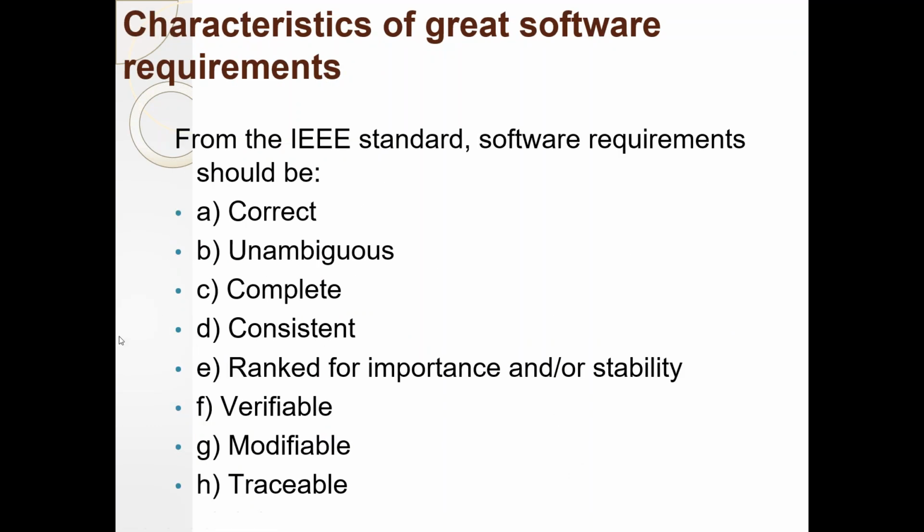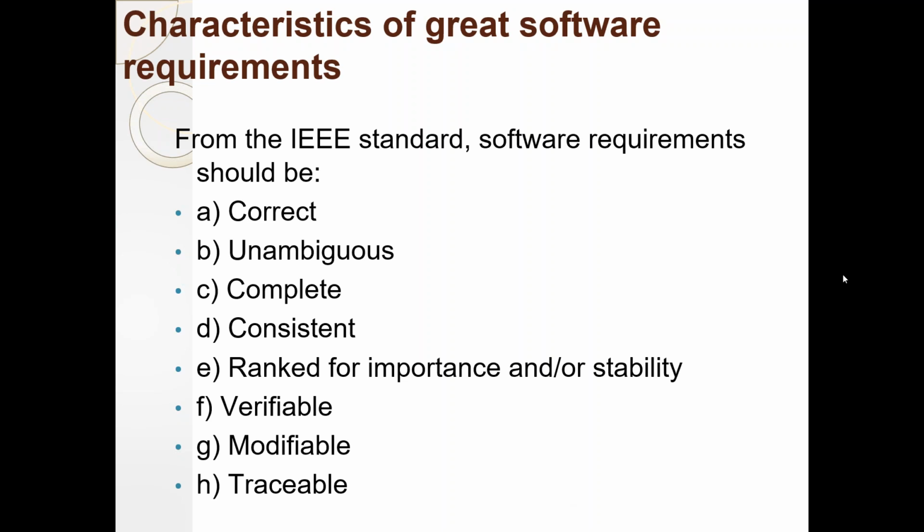All right, so the characteristics of great software requirements, again from the standard: they should be correct, unambiguous, complete, consistent, ranked for importance or stability, verifiable, modifiable, and traceable.